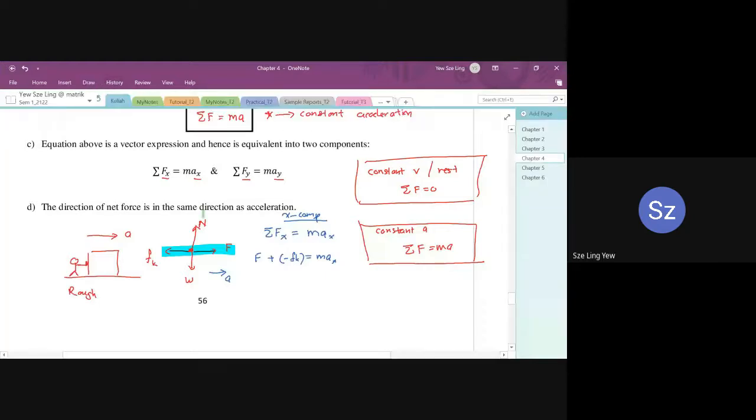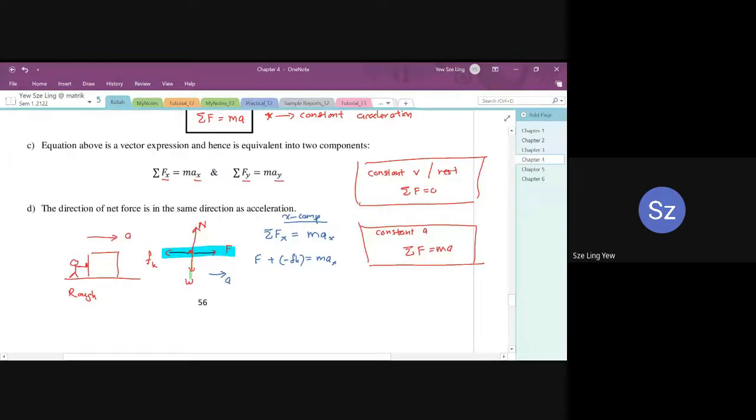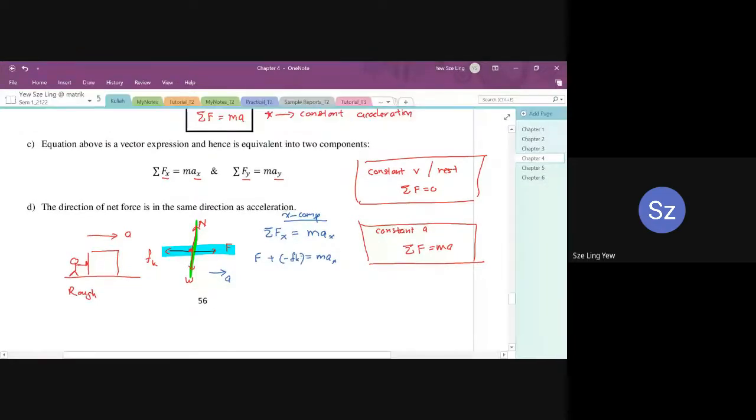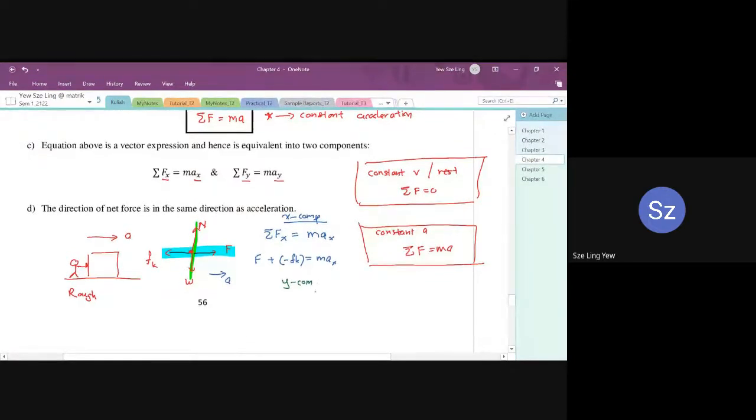If you look at the question, this is my y component. Is there any motion along the y component? Obviously no, because my object is moving along the x component, moving horizontally. It doesn't move up and down. So in that case, for the y component, what are we going to do?